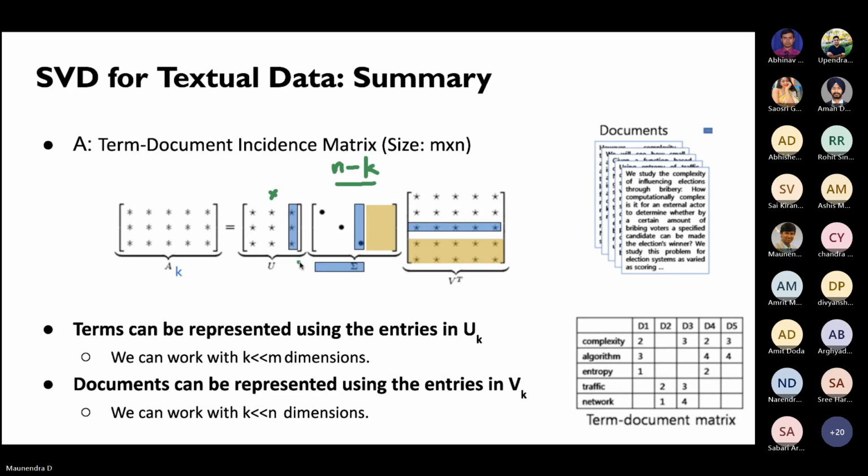So the number of effective columns here becomes n minus k, it was m cross n, right? And the number of effective rows here becomes n minus k.